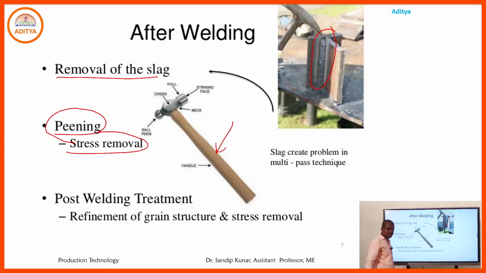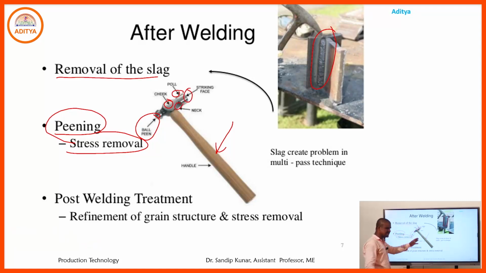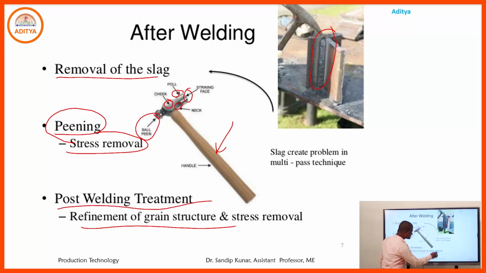What are the components of that particular welding hammer? That part is the ball pin, that is the cheek part, that is the roll part, that is the striking face, that part is the neck face, and that is the handle. Using that chipping hammer, we remove the extra slag portion from the welding zone. Post welding treatment, sometimes refinement of the grain structure and stress removal, is also required. That is called post welding treatment.